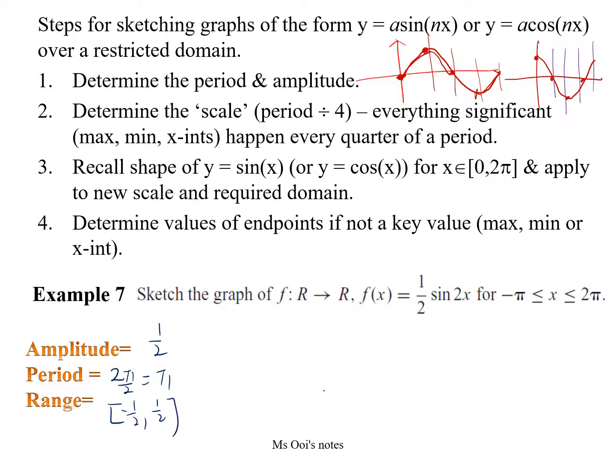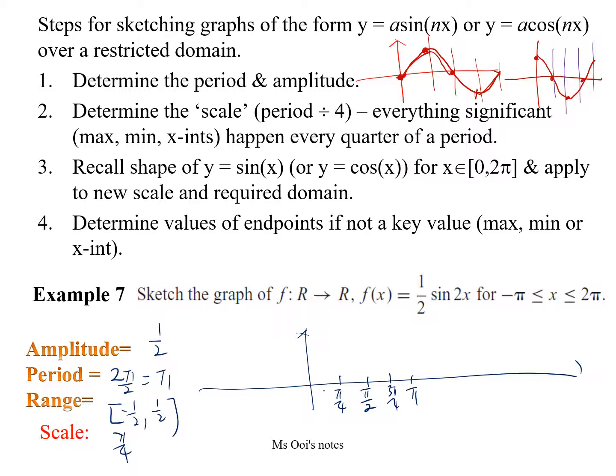Okay, all right. So when we sketch that, firstly let's draw it, and let's look at the scale, which is the period divided by 4. So let's start with pi over 4, and then you go 2 pi over 4, which is pi over 2, then 3 pi over 4, and then pi.